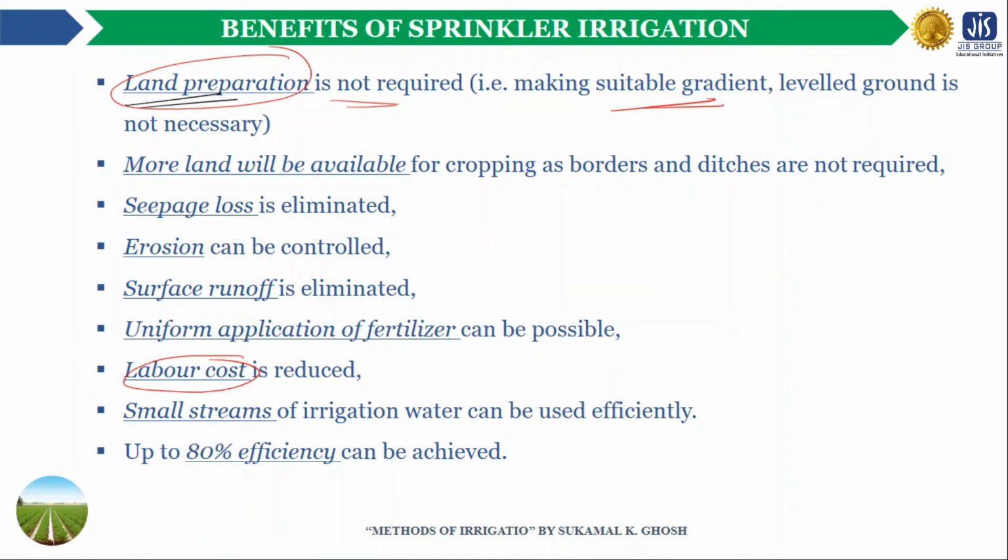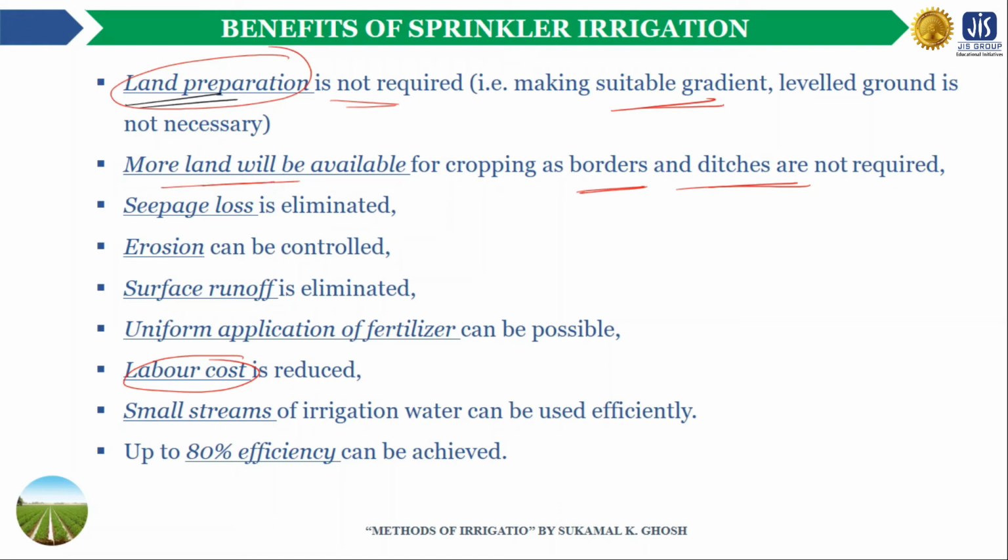Apart from that, since borders and ditches are not required, no cultivation area is lost for making ditches or borders, unlike surface irrigation, and it results in increasing the crop area. So more land will be available for cropping.